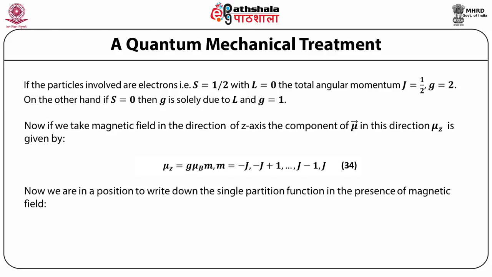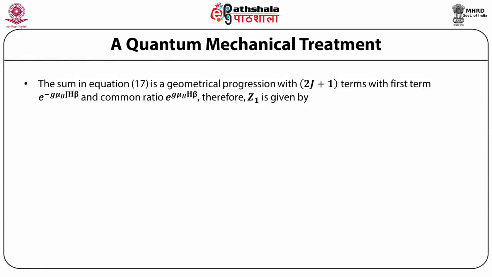Now we are in a position to write down the single-particle partition function in the presence of a magnetic field. That is, Z1 = the summation over m = −J to m = +J of e^(g μ_B m H β). The sum in equation 17 is a geometrical progression with 2J+1 terms, with first term e^(−g μ_B J H β) and common ratio e^(g μ_B H β).